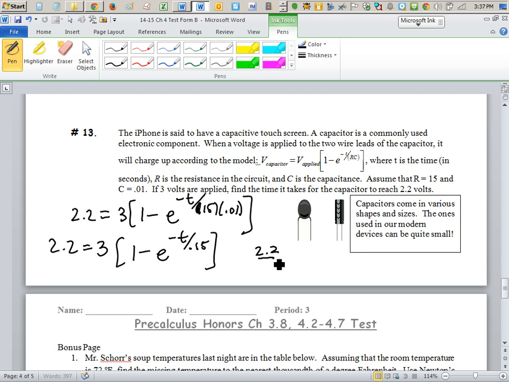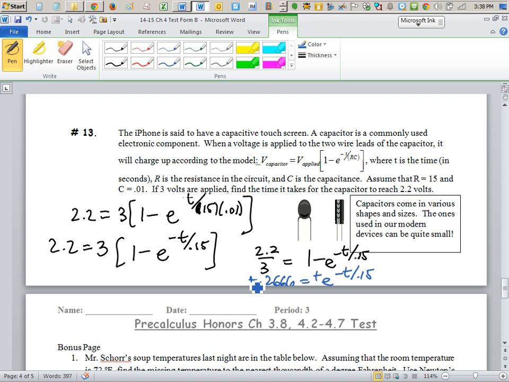First you divide by 3. Then you subtract 1. So we have 2.2 over 3, but we're taking away 1. So now we have negative 0.2666 equals negative e to the negative t over 0.15.